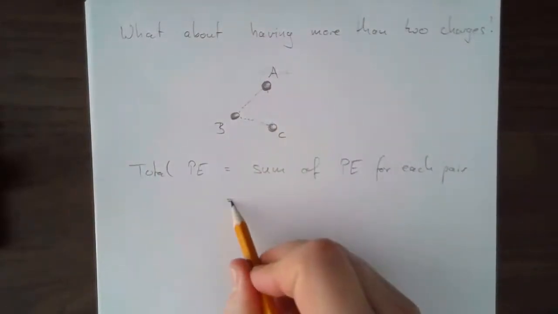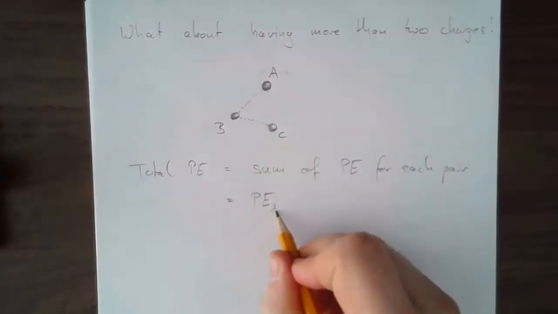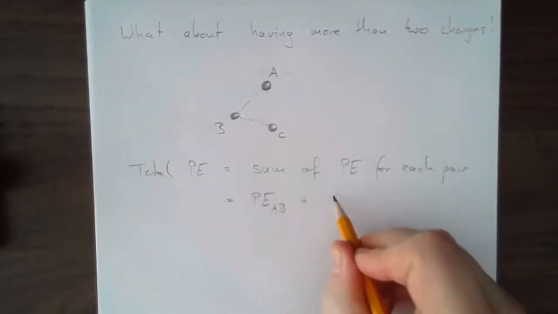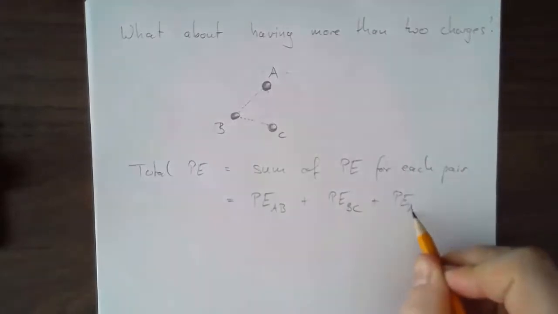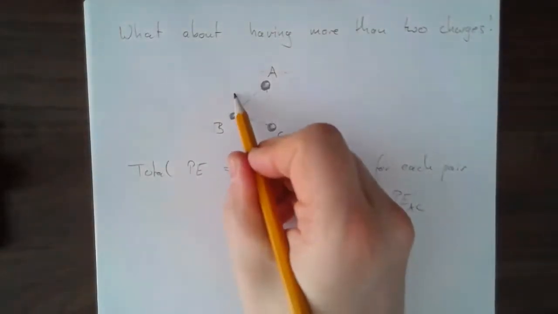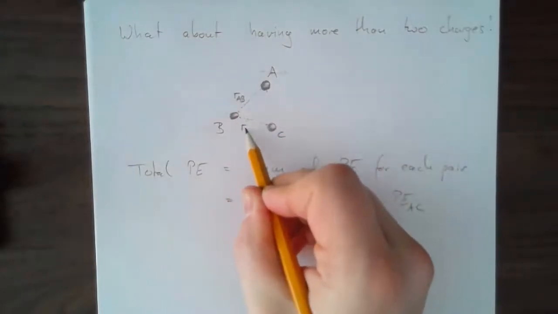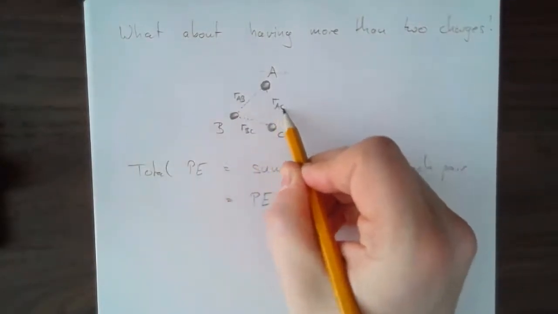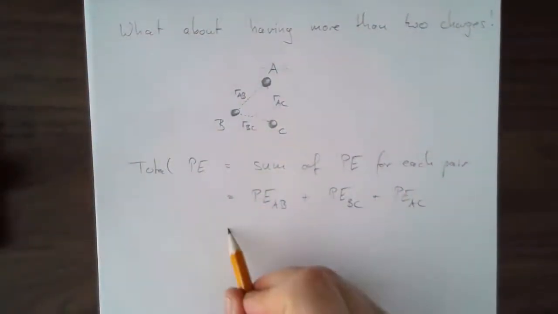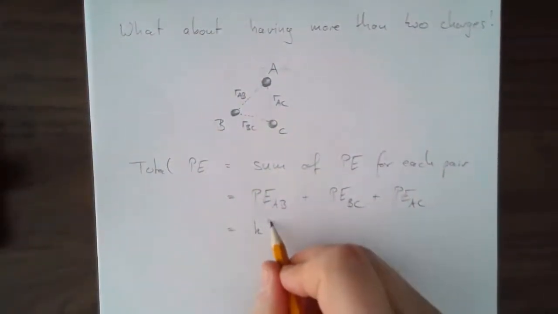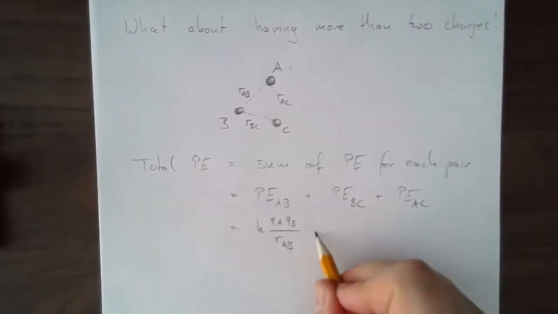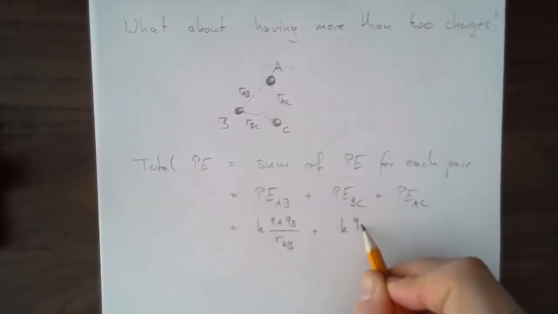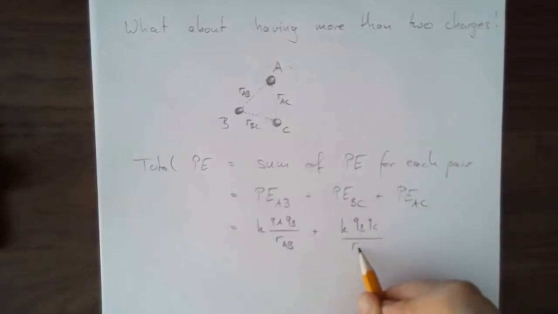So in this case, I would write potential energy, let me do it as a subscript, A and B, plus the potential energy of B and C, plus the potential energy of A and C. And if I call the separations RAB, RBC, RAC, then I would write this as K QA QB over RAB, just as if C wasn't there, then K QB QC over RBC.